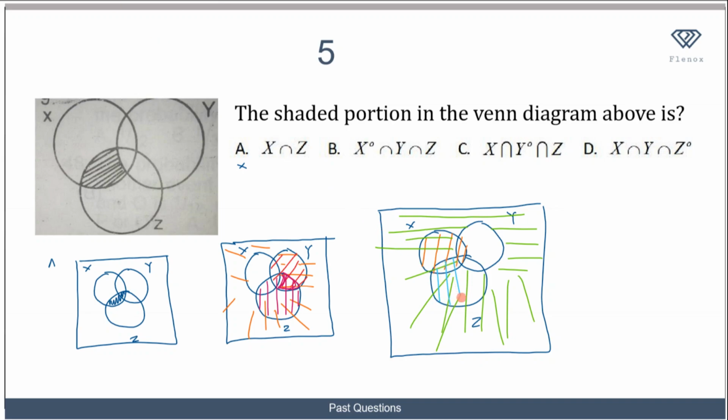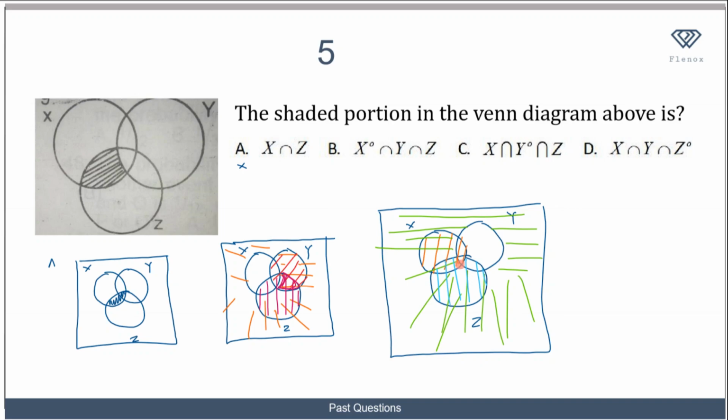So now, what is the intersection of all of them? In what region do the three lines meet? If you look at it carefully, in this section here we have the orange line, the blue line, and the green line.